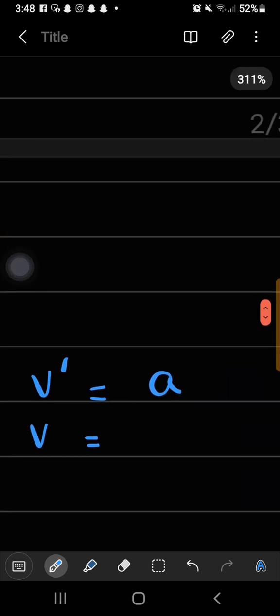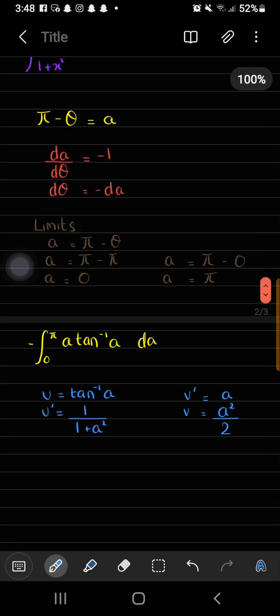And the second here is v prime is a. So to find v, we will integrate it. If we integrate it, the power will be plus 1 and it will divide with the new power.